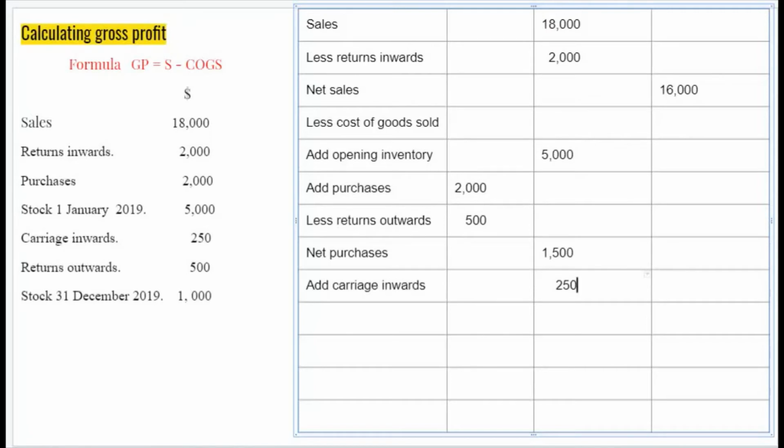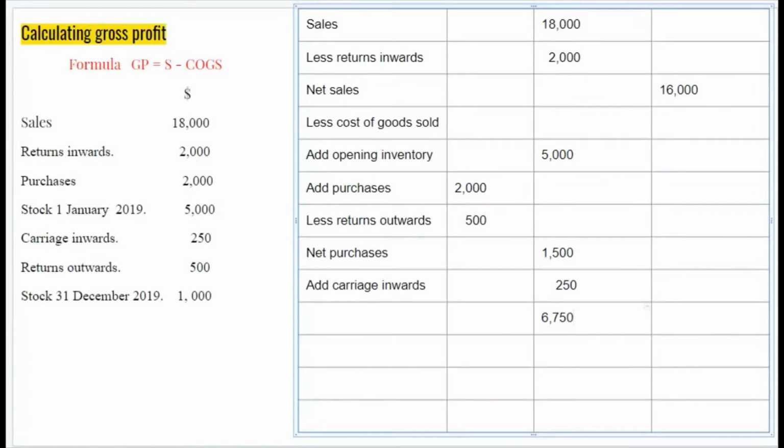Now when you're doing your calculation, you need to add opening inventory, net purchases, and carriage inwards. So we're going to add up the 3 figures. Here we have 5,000 plus 1,500 plus 250, and that is going to give us a total of 6,750.